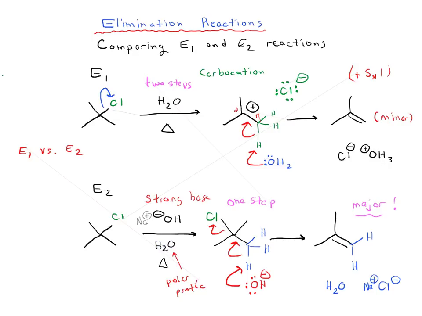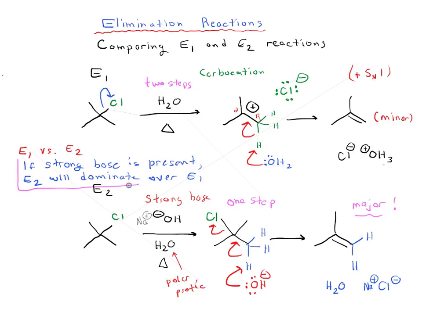So the rule of thumb is if strong base is present, and assuming the stereochemistry works out, E2 will dominate over E1. So that's a good rule of thumb to think about.